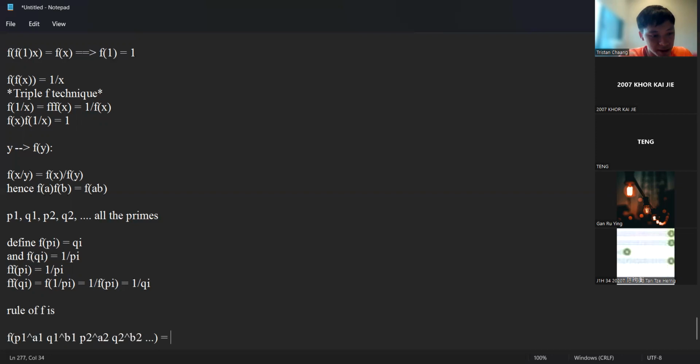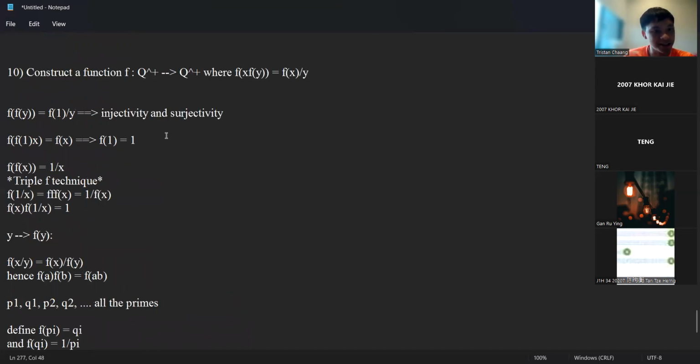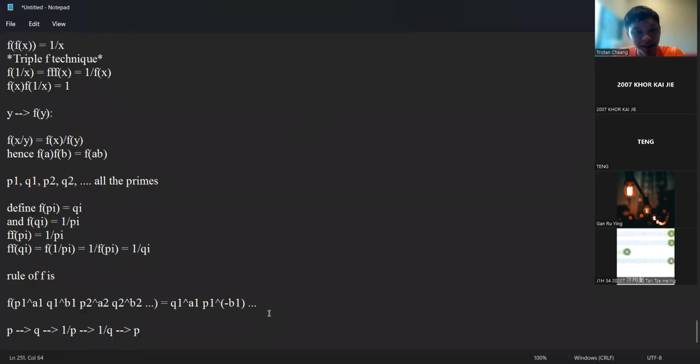And then this would be 1 over, well, Q1 to the A1, Q2 to the, sorry, P1 to the minus B1, and so on. So you can write the relation out explicitly if you want. And then you can just check that this works by plugging back in and chasing the prime factors.